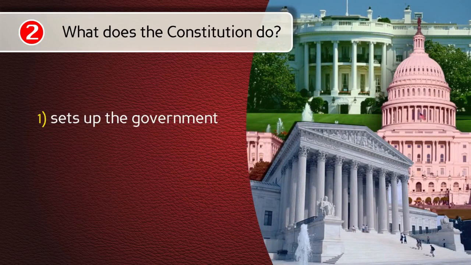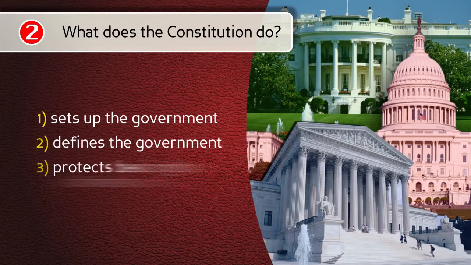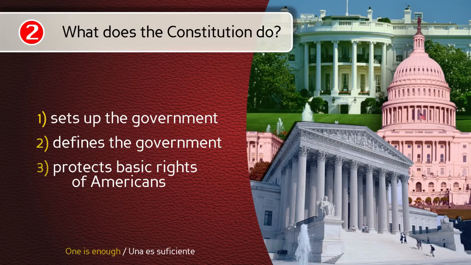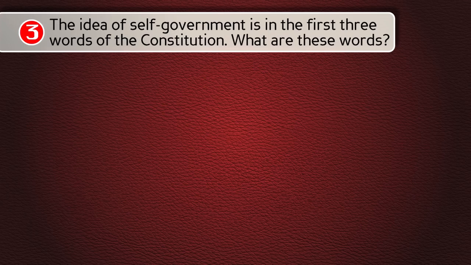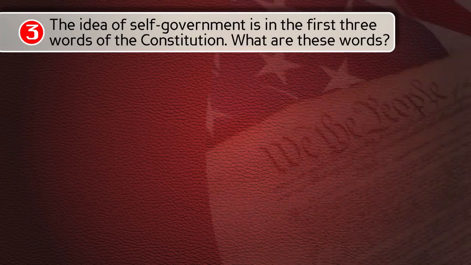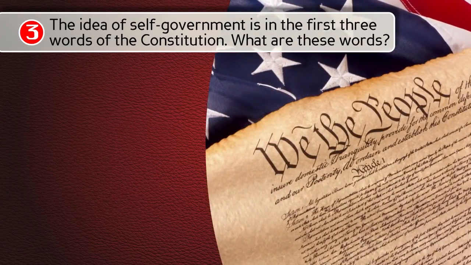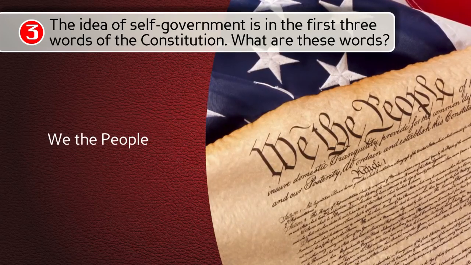Sets up the government, defines the government, protects basic rights of Americans. The idea of self-government is in the first 3 words of the Constitution. What are these words? We the people.